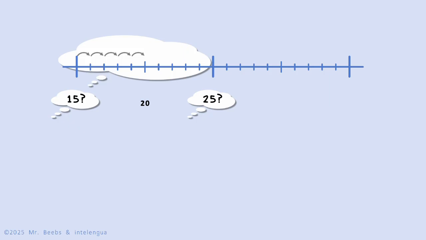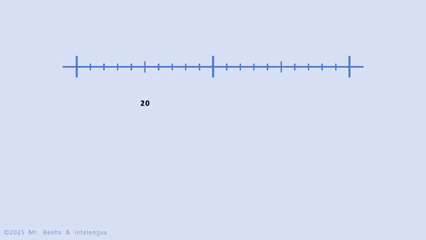Now, this would be nice, but we're not even sure if we start at 15. Let's try one more logical possibility. What if we start at 10? If the first value were 10, what value would be on the other side? From 10 to 20 is a distance of 10. So if we go the same distance beyond the midpoint, what would that value be? 30.